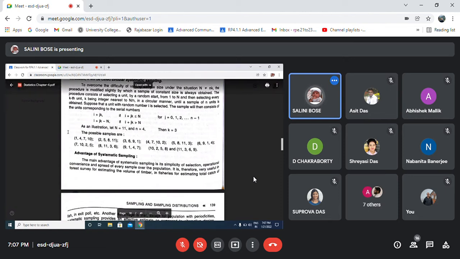In the total sample all the population units are distributed. So no sample value will be avoided. All sample values are under consideration.